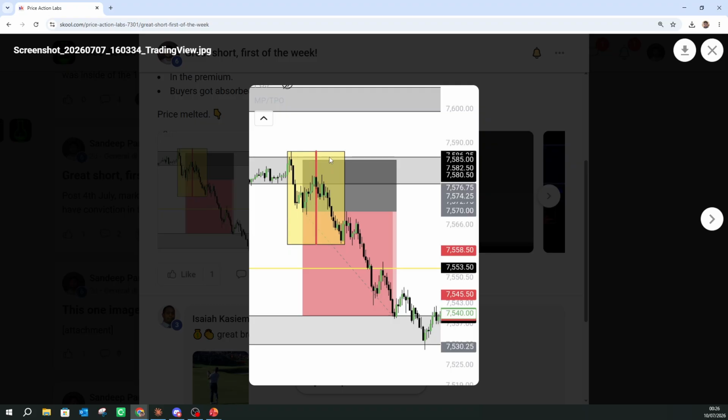So let me ask all of you a basic question. In order to take a trade like this, a short, who was being trapped? Was it the buyers or the sellers? Just type it in the chat. I just want to make sure everyone's on the same page here.